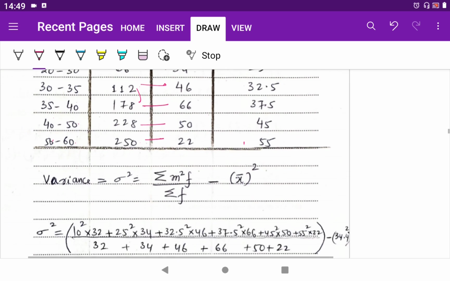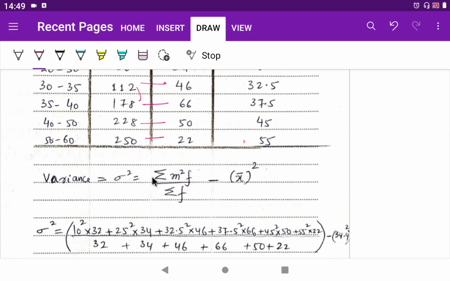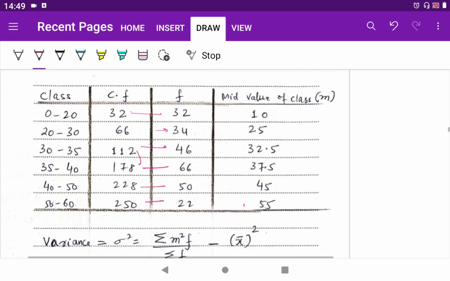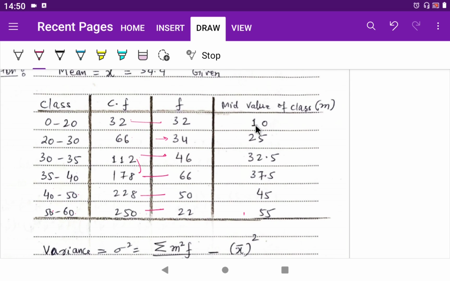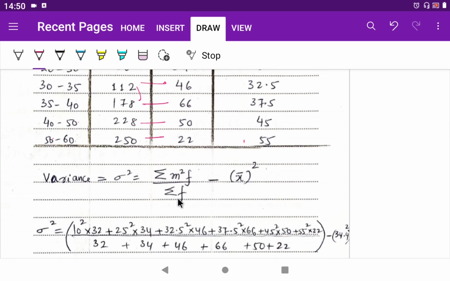Now the variance formula: sigma square is sigma m square f upon sigma f, minus mean square. So m is the mid value: 10, 25, 32.5, 37.5, 45, 55. So square of this multiplied by frequency, divided by frequency sum.